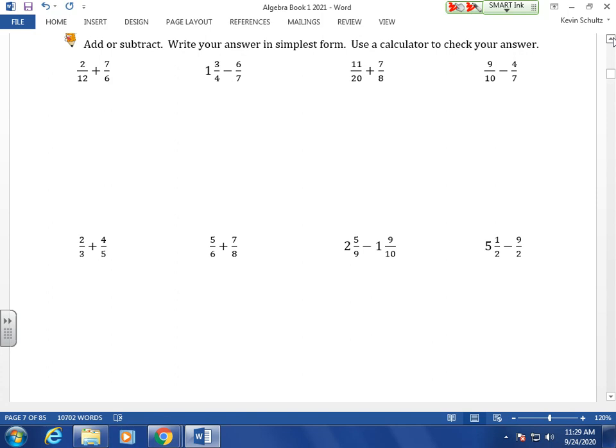What would you rather do? Yeah, in the back. Go to 12s? Okay, so we're going to keep our 2/12 the way it is here, and we're going to multiply both 7 and 6 by 2 to get 14/12. And we're going to add them now with those common denominators.